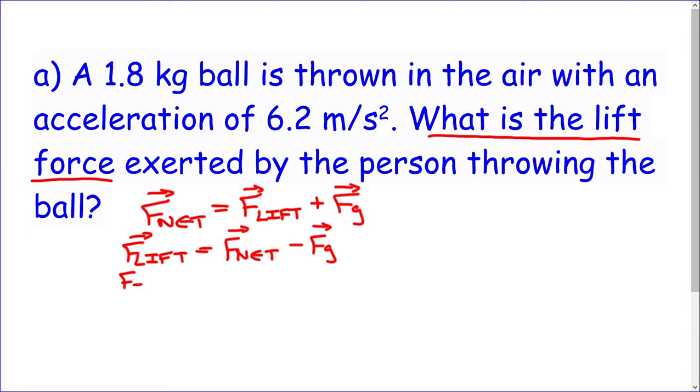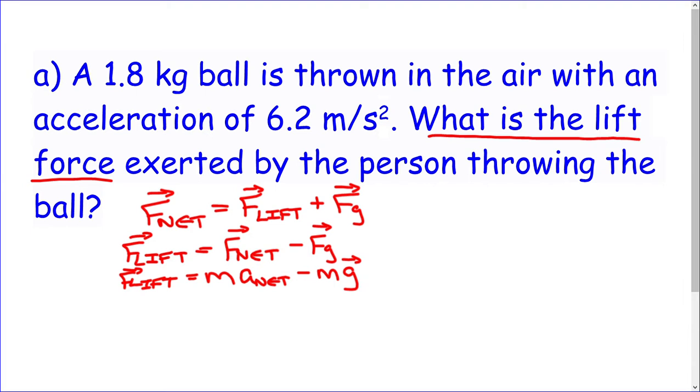Now let's start to break it apart. So the lift force, F net we know is mass multiplied by its net acceleration, minus the mass multiplied by gravity.